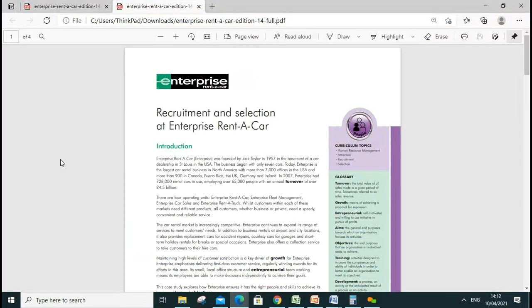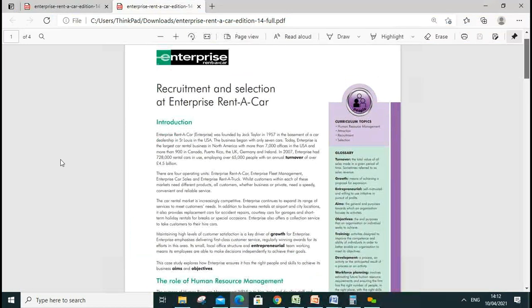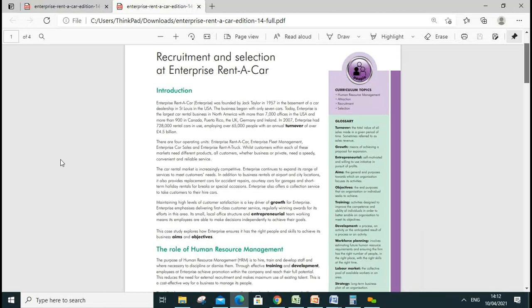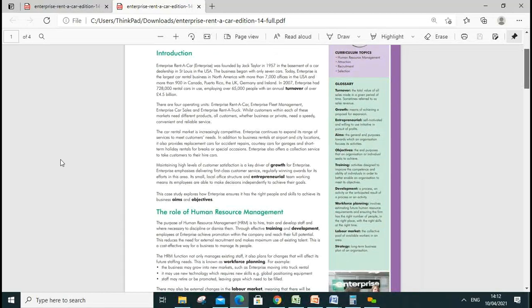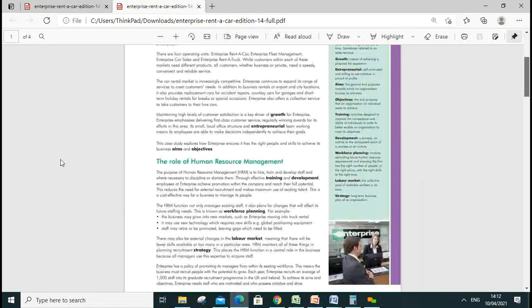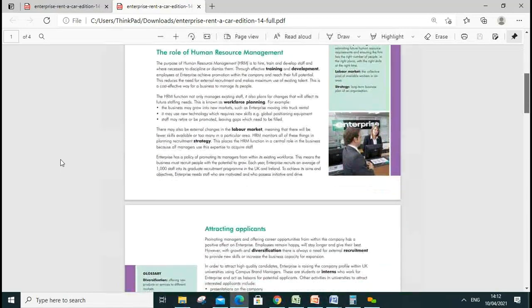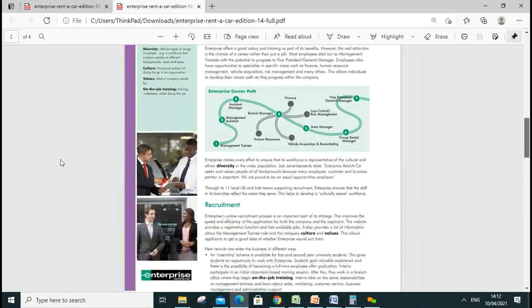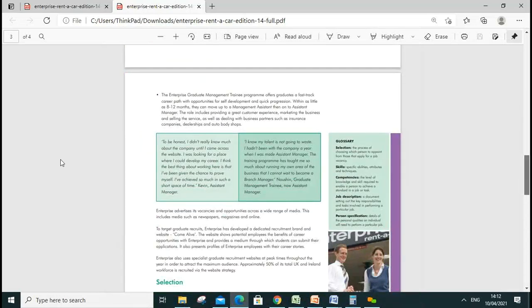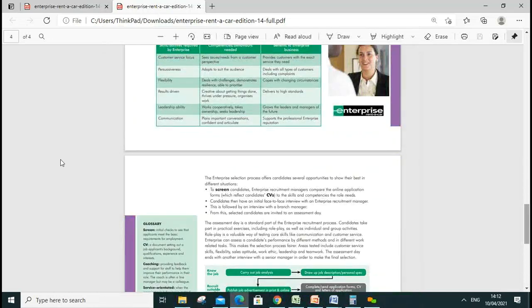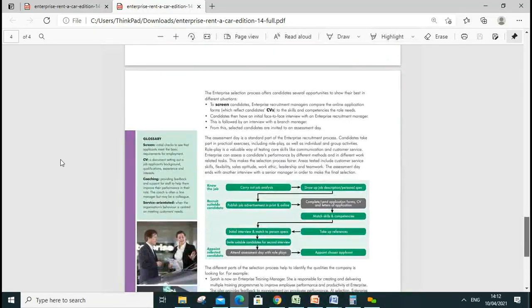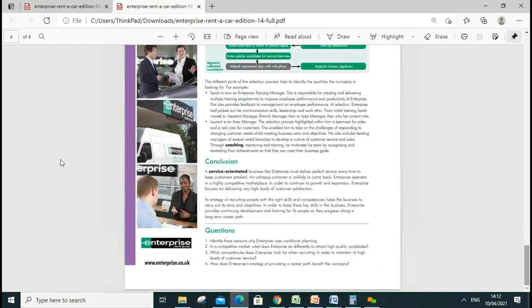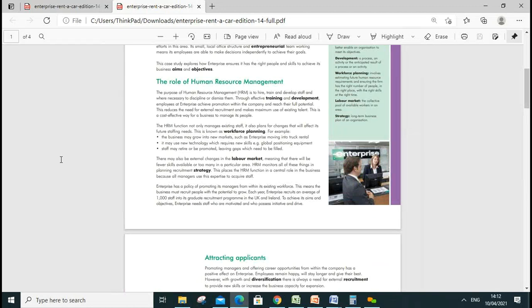It is a fast-growing American organization that has opened many offices in the UK. The case study discusses the role of human resource management, workforce planning, attracting employees, policies, recruitment and selection, screening, CV shortlisting, coaching and mentoring.